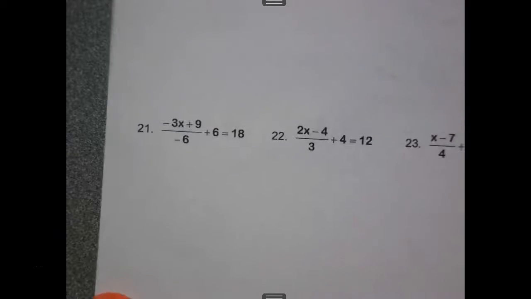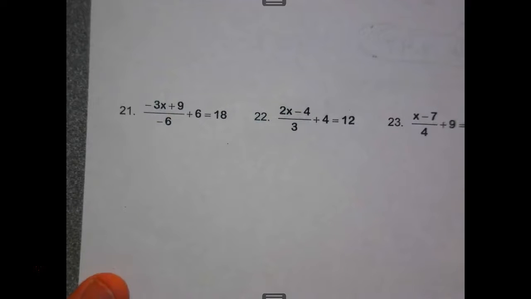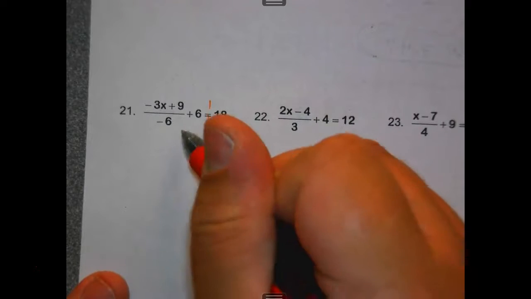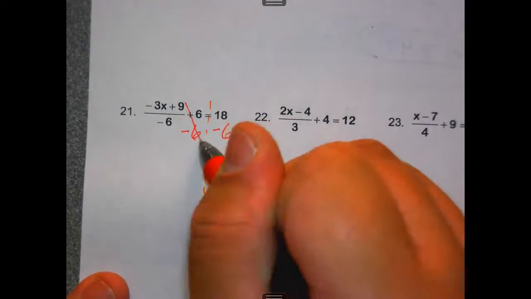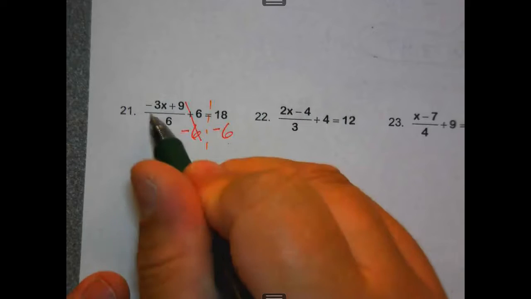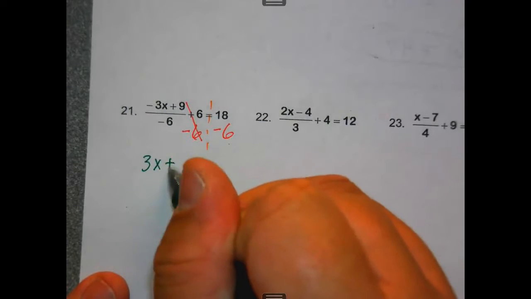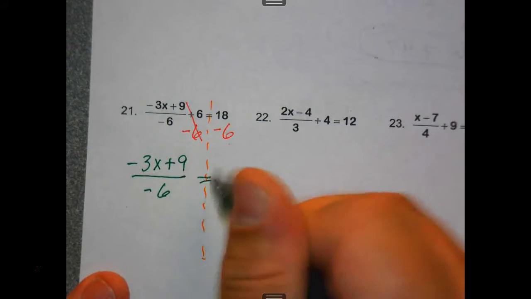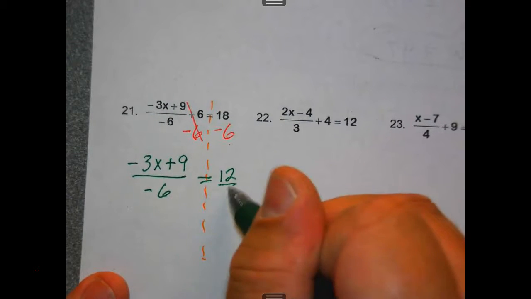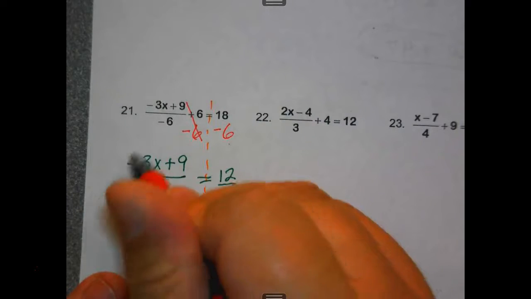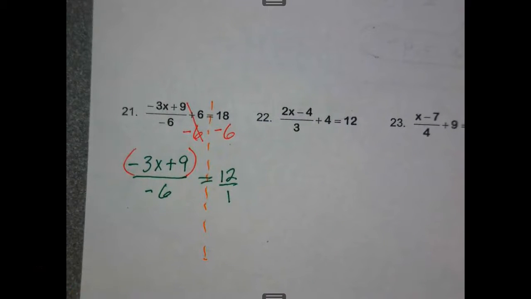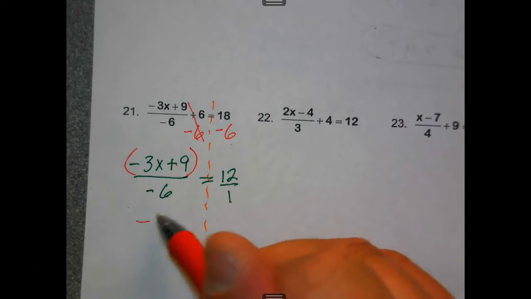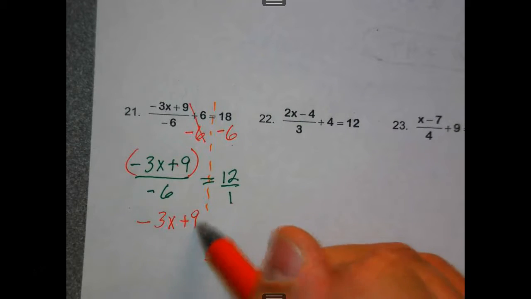Let's take a look at 21, only because it has a negative sign. So I'm going to subtract 6 from both sides, so I can use cross multiplication. So I get negative 3x plus 9 all over negative 6 equals 18 minus 6 is 12. Over 1. Put my parentheses here. Negative 3x plus 9 times 1 is just negative 3x plus 9.